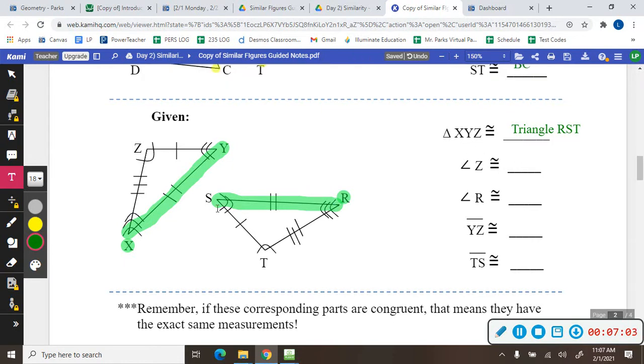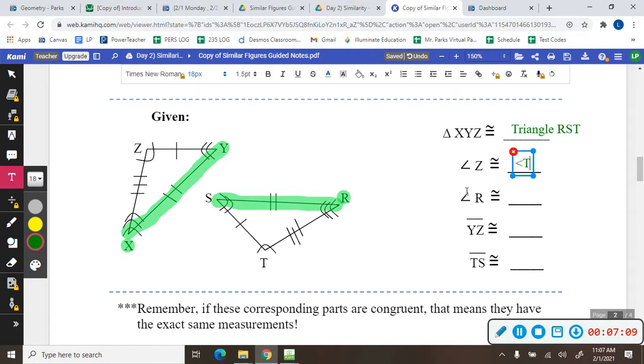Now angle Z is in the same spot as angle T, so they're congruent. Angle R, here's R, the one with 3 markings, is in the same spot as X. YZ, here's YZ on top.